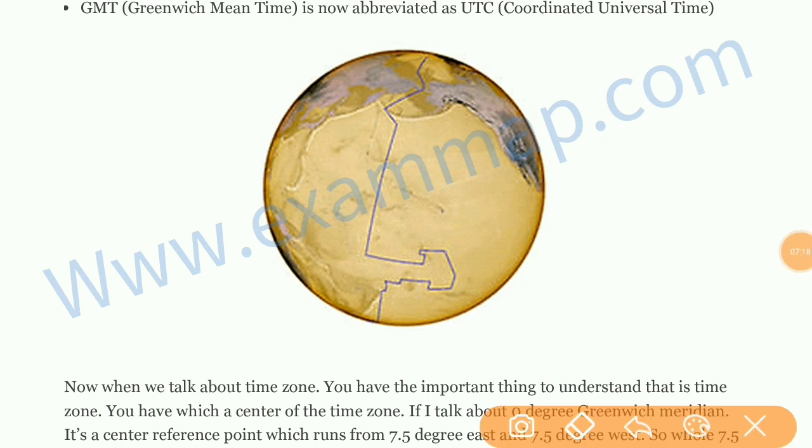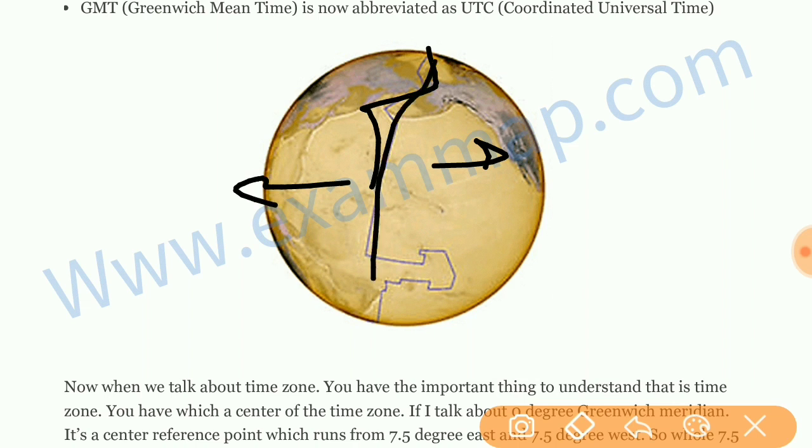I am telling you why we have the international date line in a zigzag. Because we have some island groups, some island countries would fall on either this side or this side. If the date line passed straight, then we would have two different regions of time in the same island country. Thus, to avoid any confusion of date, it is zigzag.